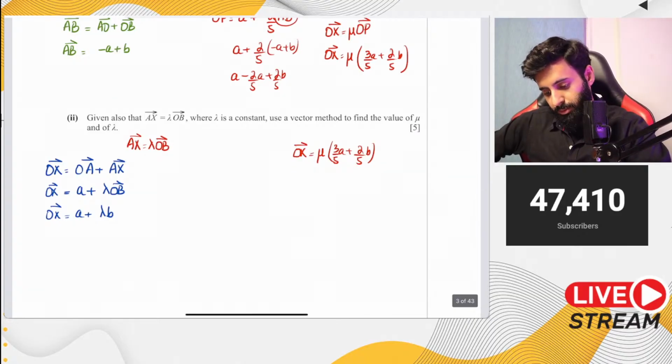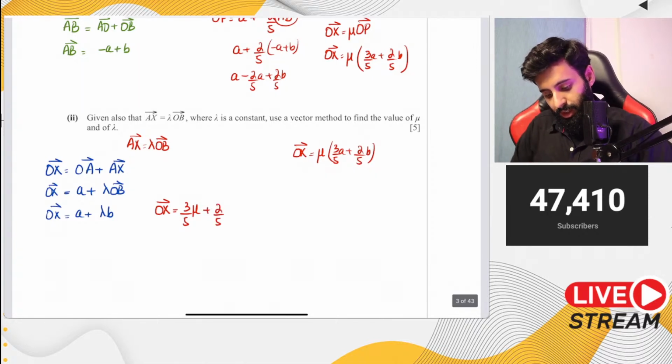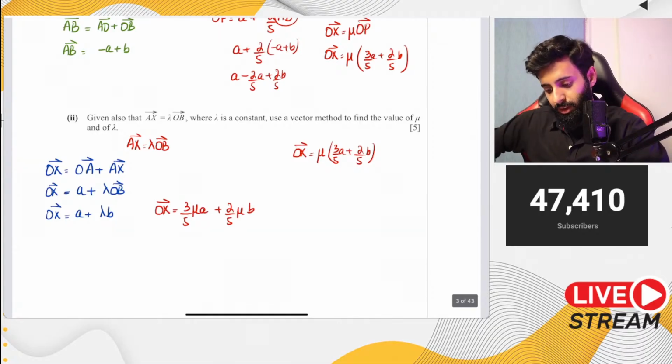So here's what I'm going to do. Let's write OX over here. OX is equal to 3 upon 5 mu A plus 2 upon 5 mu P. Now, what is the coefficient of A on the left hand side?